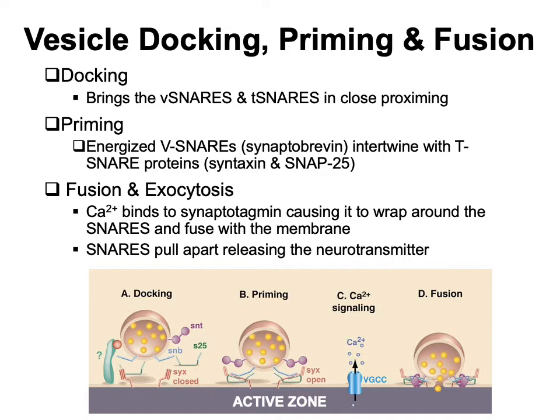As it goes towards the phospholipid, it wraps around the V SNAREs and the T SNAREs, making them very snug and creating a very tight zippered-like junction. And then the SNAREs will pull apart, and as they pull apart, they open the vesicle, causing it to release all of the neurotransmitters into the synaptic cleft.